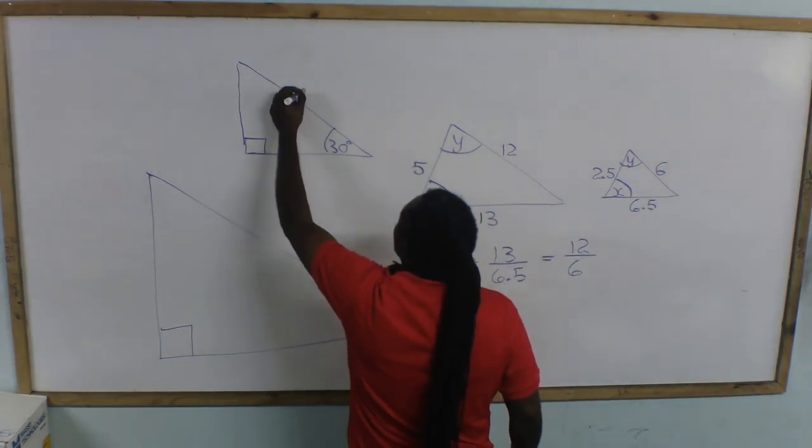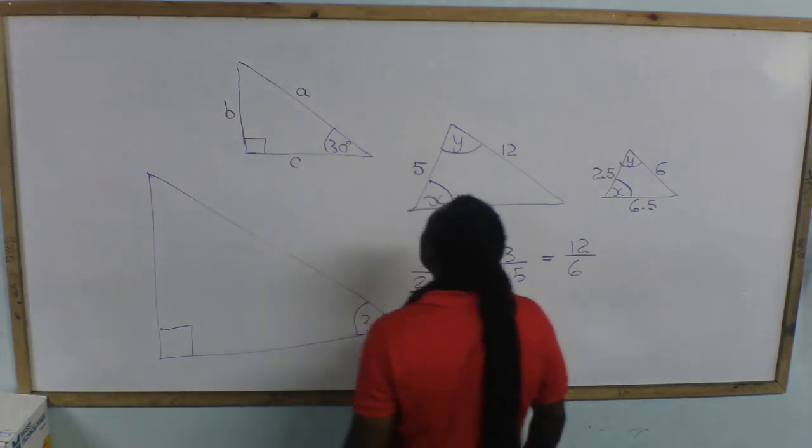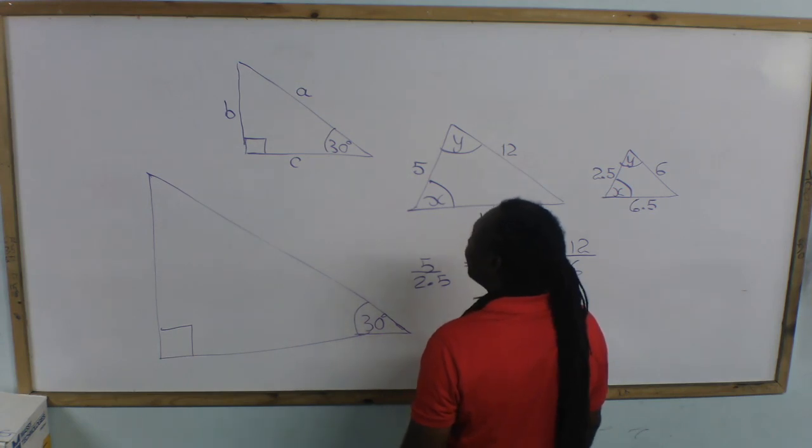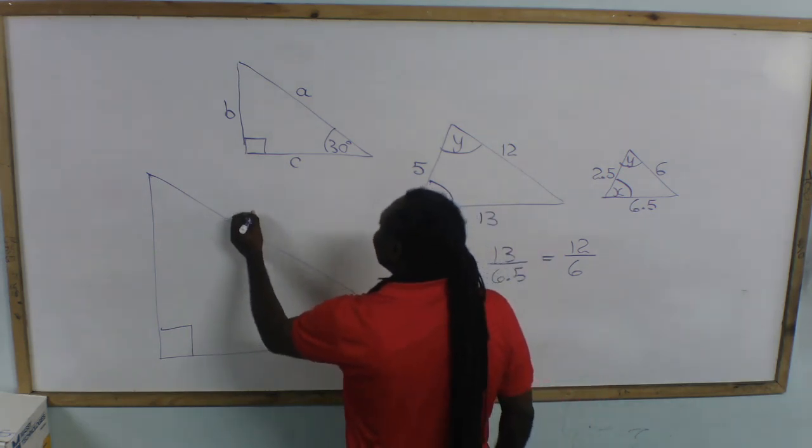If we have sides, say A, B, C, and we have sides here, you give me the name of these sides.